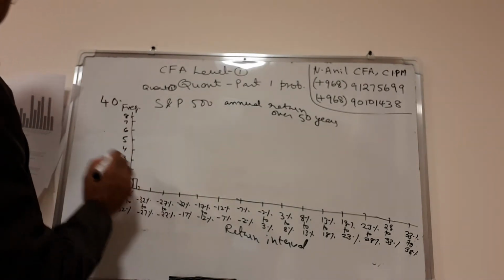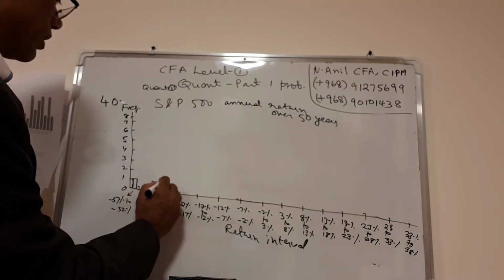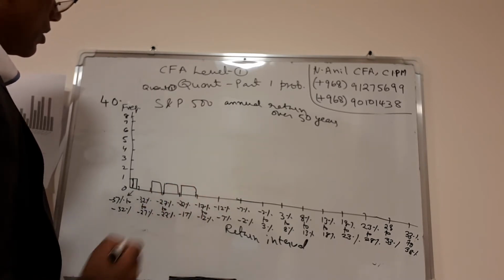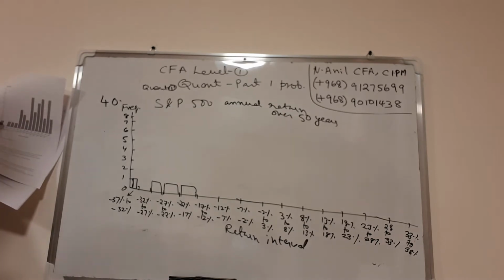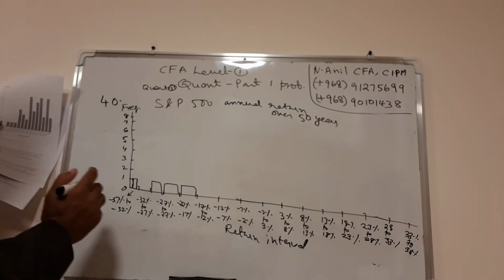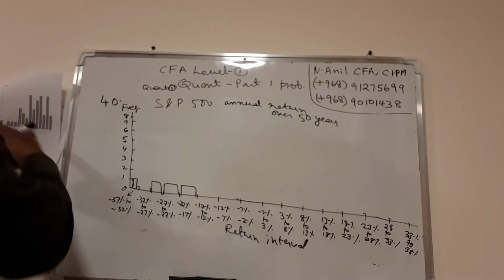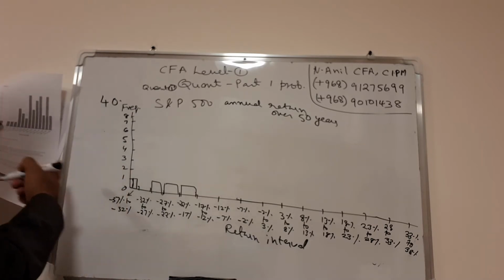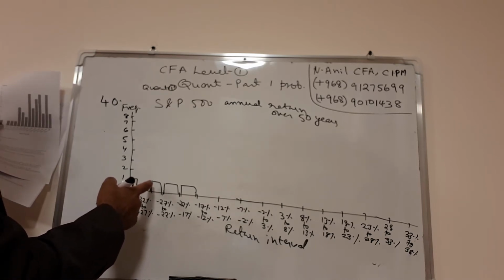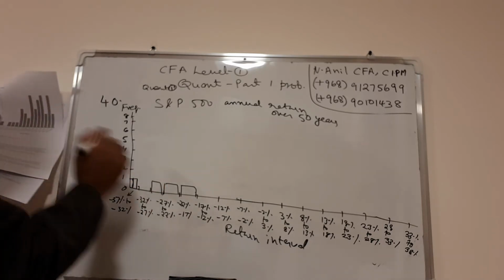So this is 1. And the next 3 also are 1. They given like 1. These are all 1. The next one is 4.